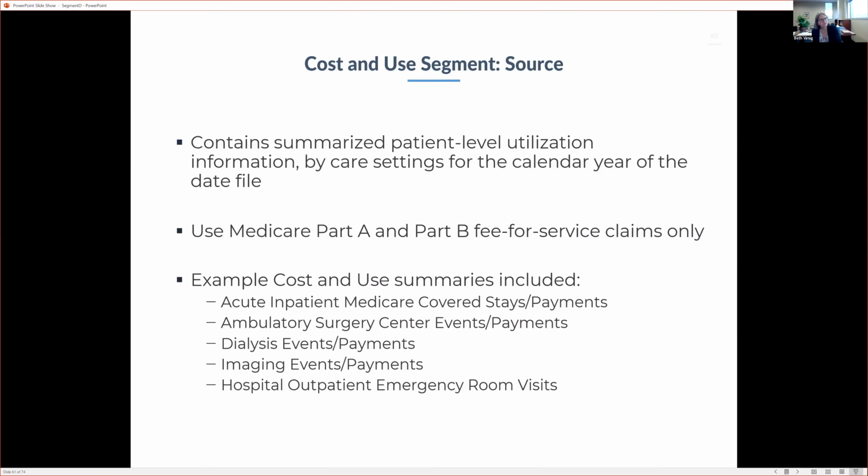The cost and use segment contains summarized patient-level utilization information by care settings for the calendar year. So acute inpatient Medicare covered stays and payments, dialysis events and dialysis payments, hospital outpatient emergency room visits, and so on.